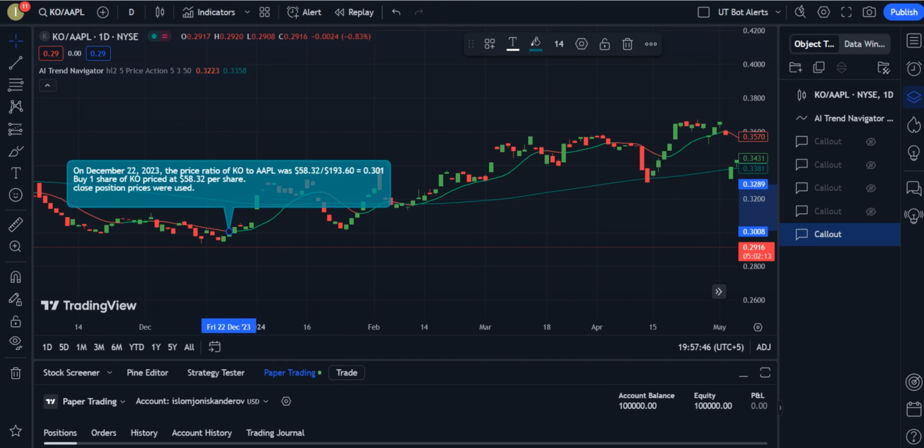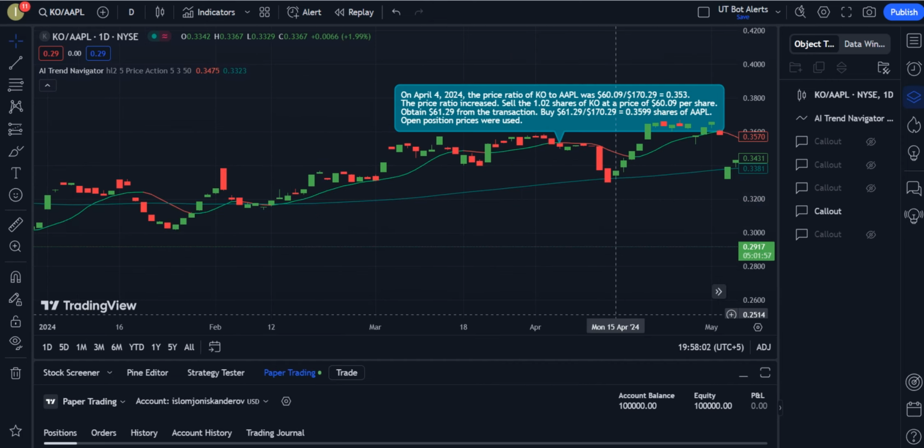We fast forward to the date April 4th, 2024. The price ratio of Coca-Cola to Apple on this date has increased. It increased to 0.353. How we obtained this? We obtained it by dividing the price of Coca-Cola, which was $60.09, divided by the price of Apple, which was $170.29, which yielded 0.353.